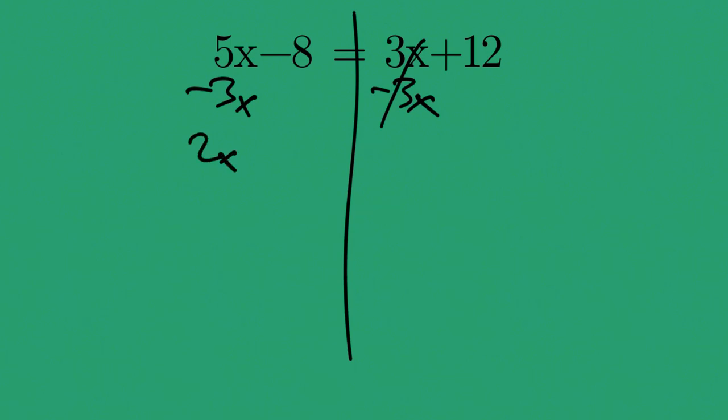Notice that when I subtract 5x and 3x, it's a positive 2x. That's me using a little bit of strategy. I like to try to keep that variable term positive. If you want to put the variables on the right, no big deal. It is perfectly fine to go over there. I still have a minus 8 equals positive 12.